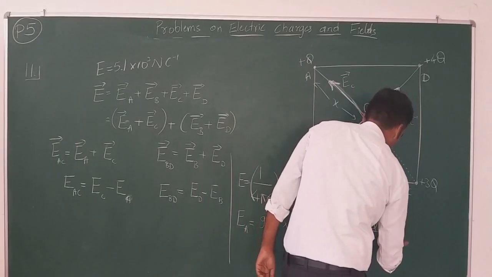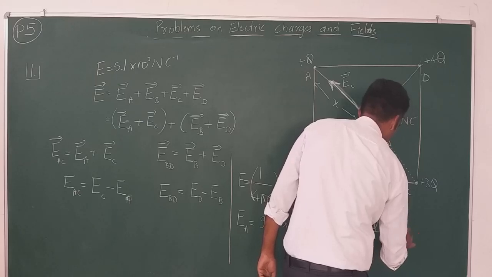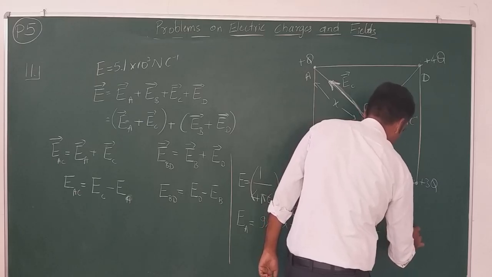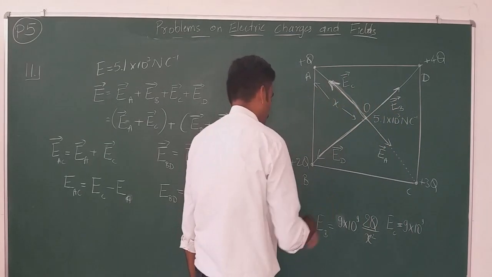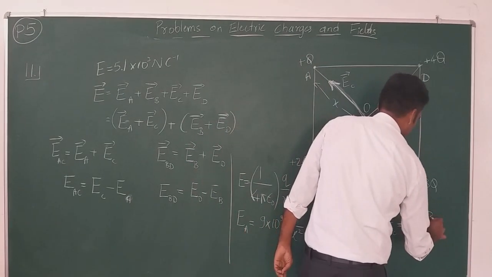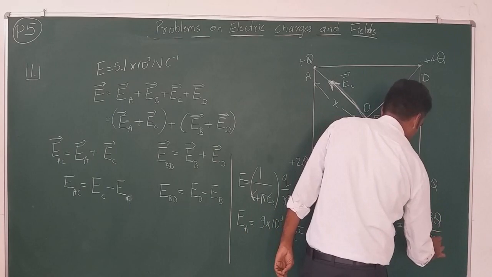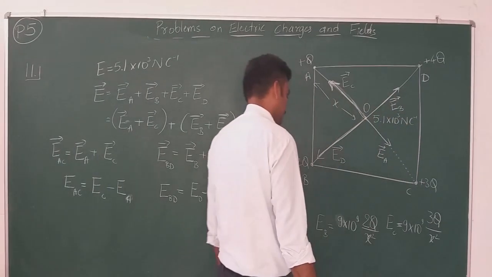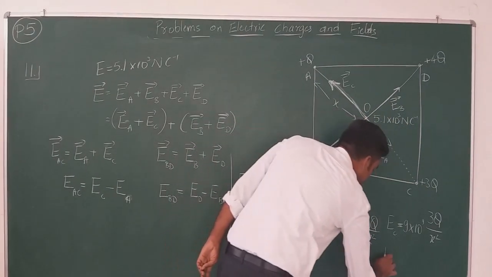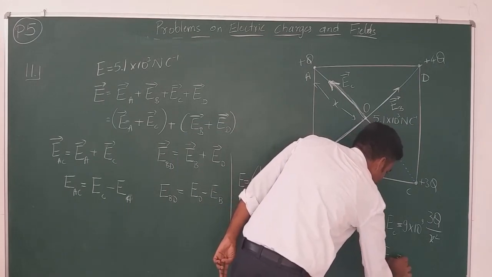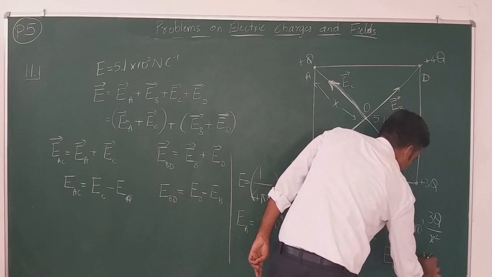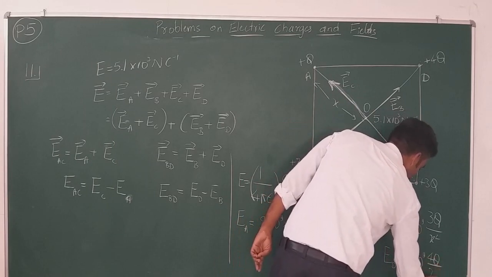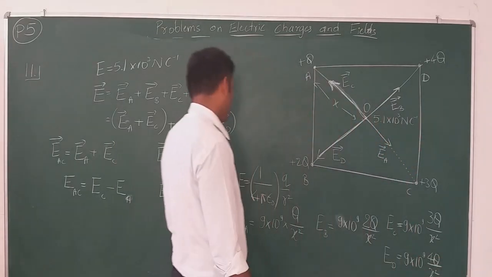Similarly, EC is equal to 9 into 10 to the power of 9, 3q by x squared, and ED is equal to 9 into 10 to the power of 9, 4q by x squared.